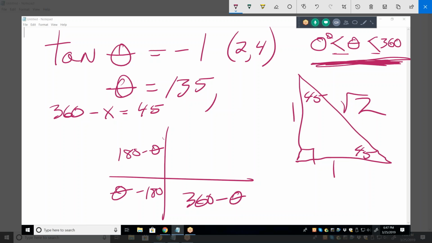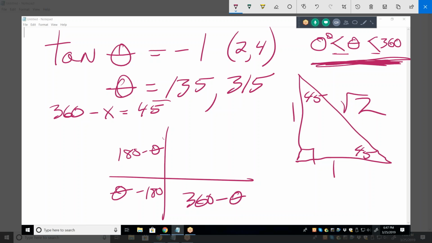What's x? Move x to the right, 45 to the left. What do you get? 315. There's the other angle, right there.